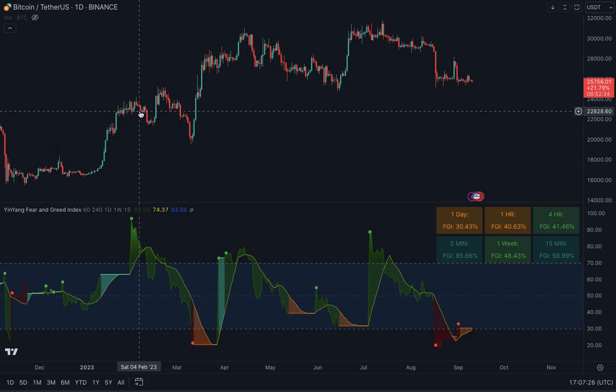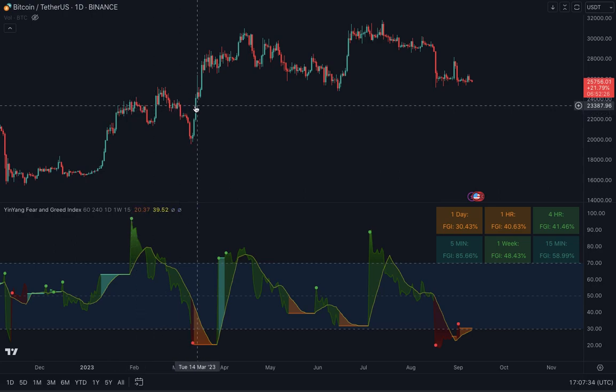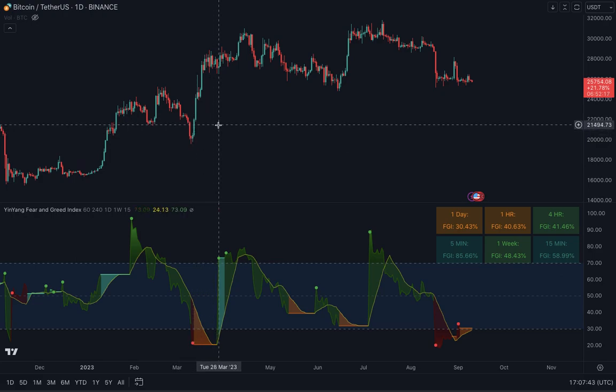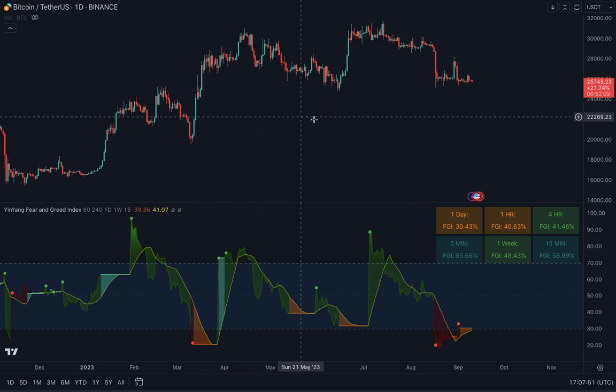Well, let's see how that would work out. You start in at 22,800, give or take, obviously. Then on here, you would have ended it at 20,500 give or take and started long, which you would have ended right here at 27,200, and you would have just stayed there and did nothing.